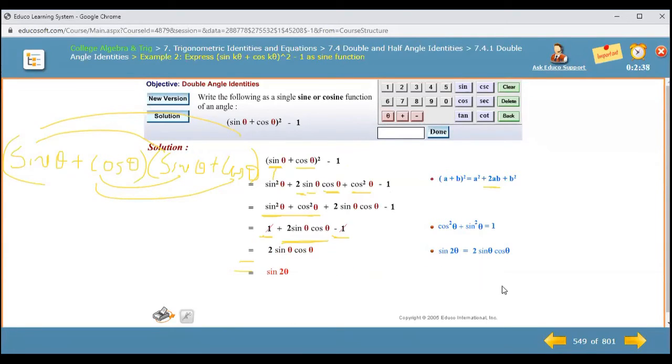Reverse. Earlier, what I was doing, I was writing sine 2 theta as 2 sine theta cosine theta. Now I'm writing backwards. The value is 2 sine theta cosine theta, and I write it as sine 2 theta. So this is actually a single sine or cosine function.